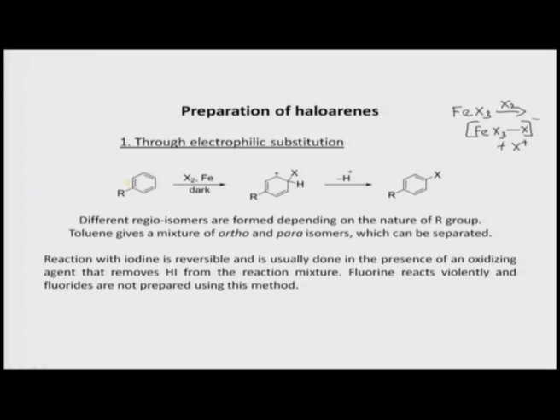When there is an R group already present on the aromatic ring, the X can be on any of these carbon atoms. It can be here as I have shown, or on any of the other carbon atoms too. But the position of the newly formed bond depends on the nature of the substituent that is already present.